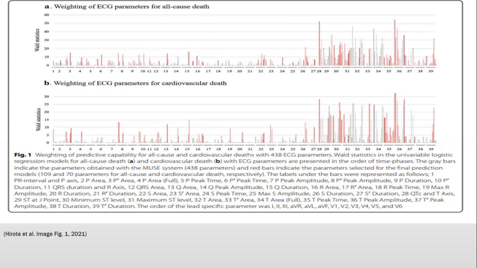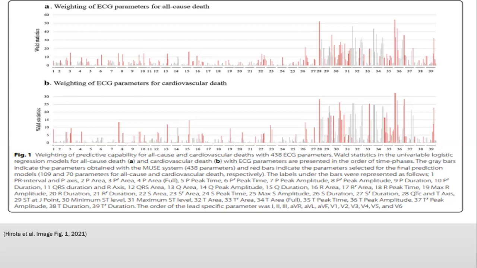In addition, the most important factor being the generalization of the study, they focused just on aging specifically. So they excluded patients with structural heart disease because they didn't want the effects of the heart disease to factor into just looking at a generic basic outline of an average person's chance of death.